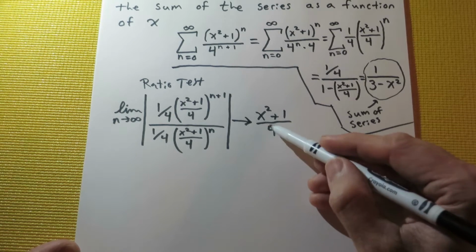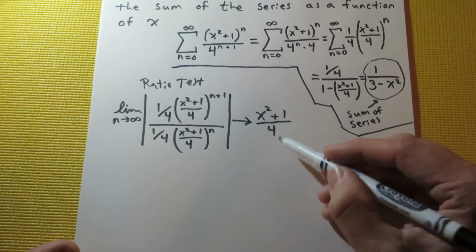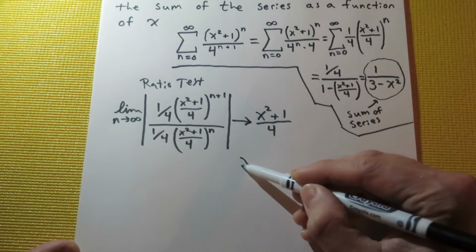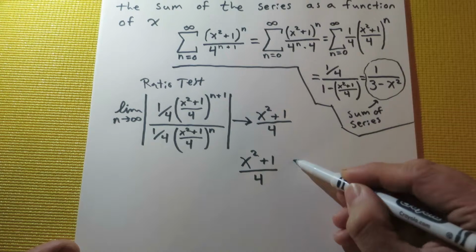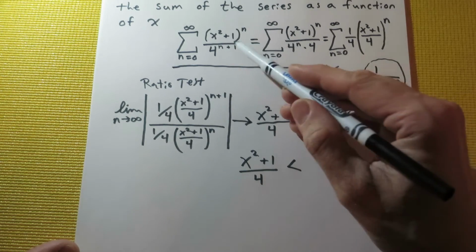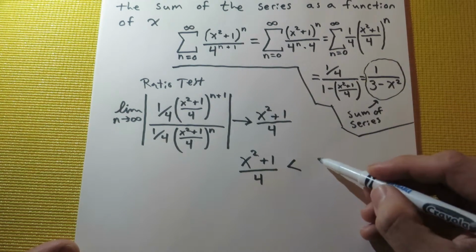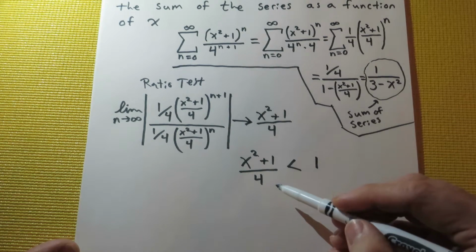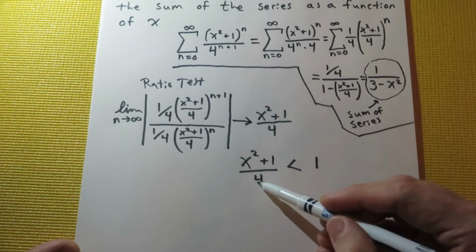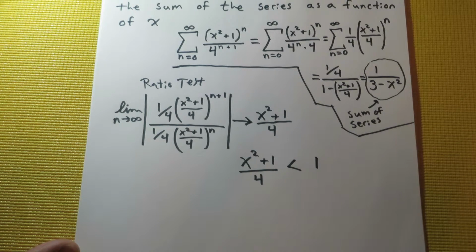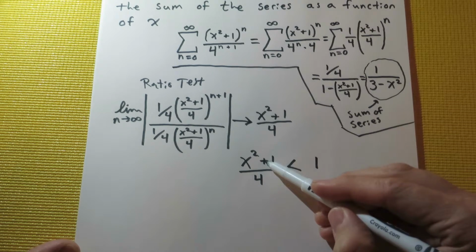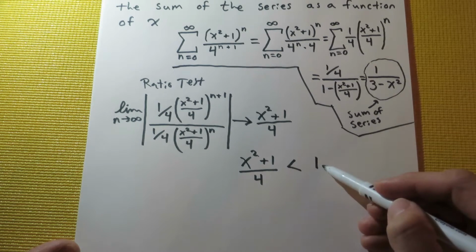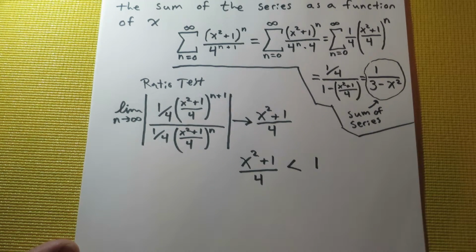To find our interval of convergence, this must be less than 1. So x squared plus 1 over 4 is less than 1. Multiplying both sides by 4 and subtracting 1 from both sides gets us to x squared is less than 3.